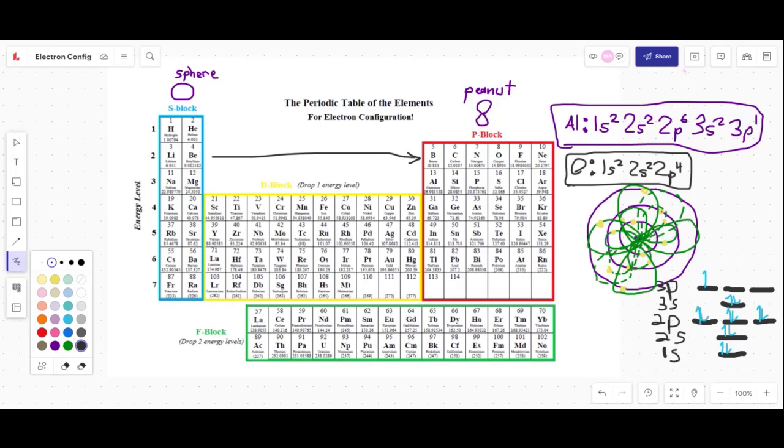Another way of describing the shell is that it is a collection of orbitals with the same value of n, the principal quantum number, as opposed to an orbital. An orbital is really a wave function, and we won't get into it, but just to give you an idea, the square of this function gives the probability density for the electron.